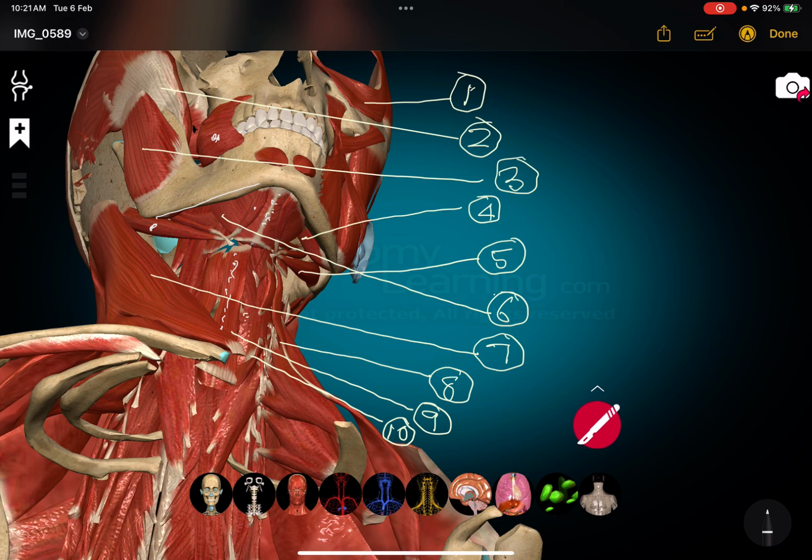Now, if you take off the sternothyroid and the sternohyoid, you will see the hyoid, then the thyrohyoid membrane, then the thyroid cartilage, then the cricoid cartilage and the cricothyroid membrane. Then you will see the cricopharyngeus muscle, this is the cricopharyngeus. And then you will start seeing the trachea.